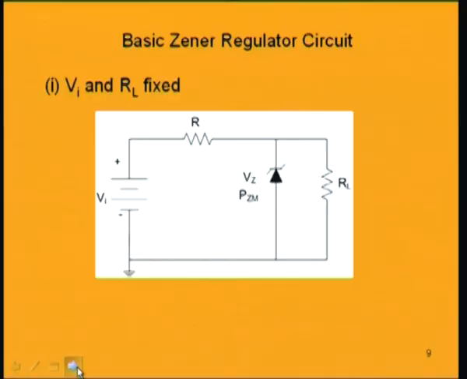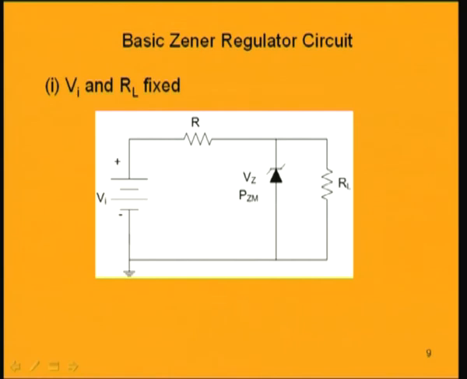We will first consider the basic Zener regulator circuit, a simple circuit just to show how this regulation of voltage occurs. In this circuit, both the input voltage and the load resistance are first kept fixed.